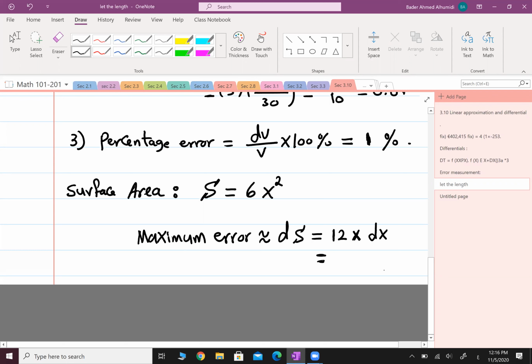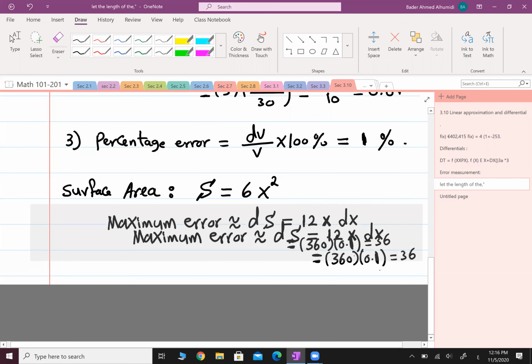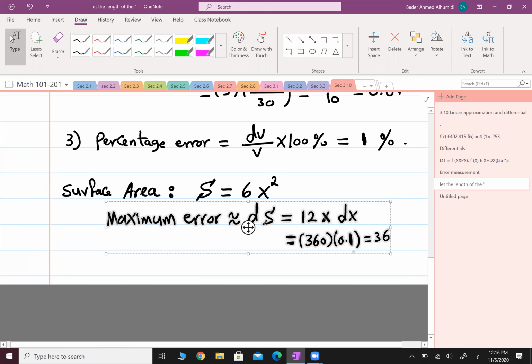That is 360. 360 multiplied by 0.1, which is the dx. So the answer will be 36. Of course, this will be in centimeter squared. Let me take it a little bit up so I can write the units here. This is the maximum error, in centimeter squared, because we are talking about area.